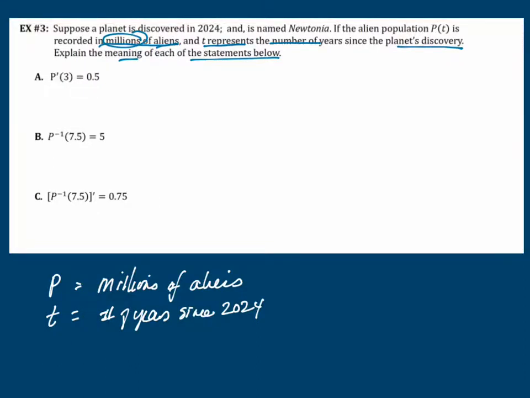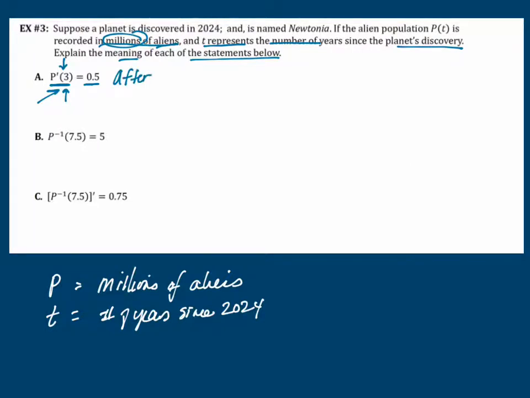This is saying P prime of 3 equals 0.5. Well, P prime is the derivative, so that's the rate of change of population. So this is saying we got 3 years, the derivative at 3 years is equal to 0.5. If you're doing it with time, of course you start with what your x is, right?